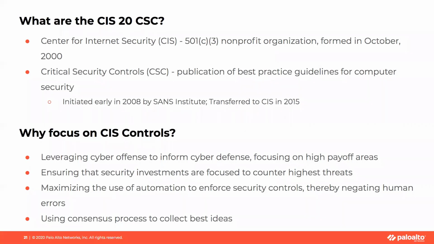This is a publication of best practice guidelines for computer security. Most people are familiar with the top 20 critical security controls that were originally developed by SANS Institute back in 2008, but CIS has since taken them over and has been managing and overseeing them since then.